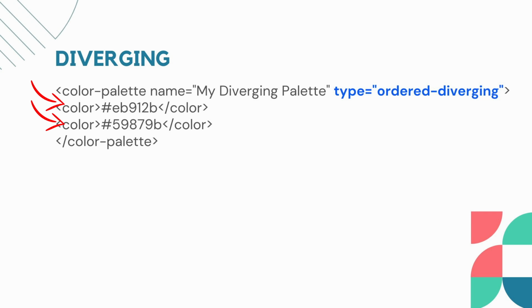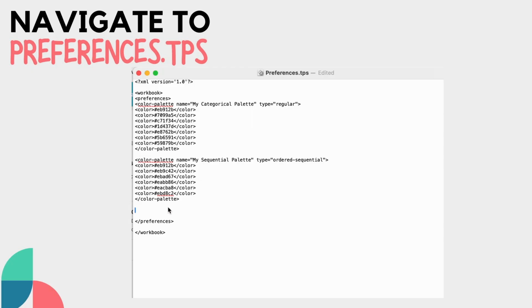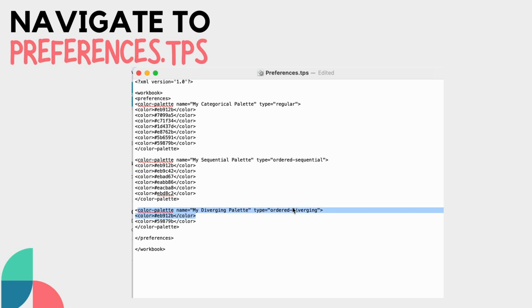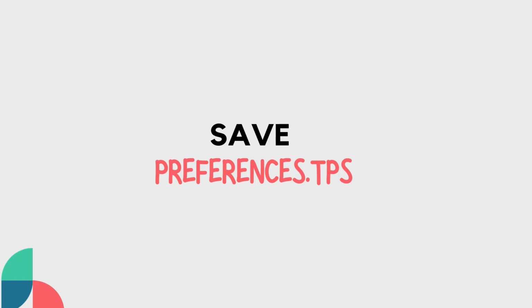So you will only have two different color tags, one which is your left side, the other which is your right side. After again adding the color palette tag under your preferences tag, you will go ahead and save your preferences.tps file.